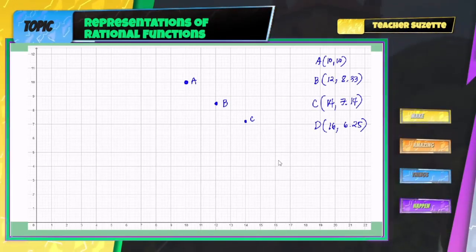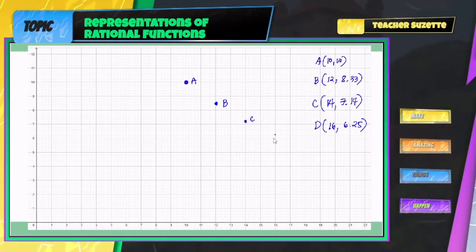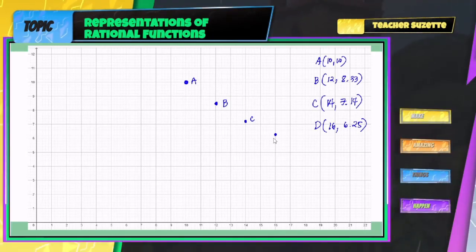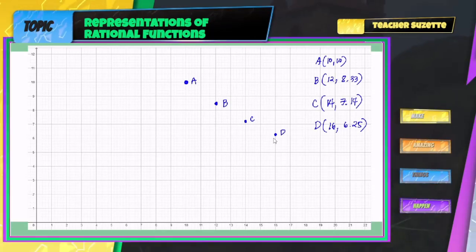Then, 6.25 is here. Near 6, but slightly above. So, here is our point D.